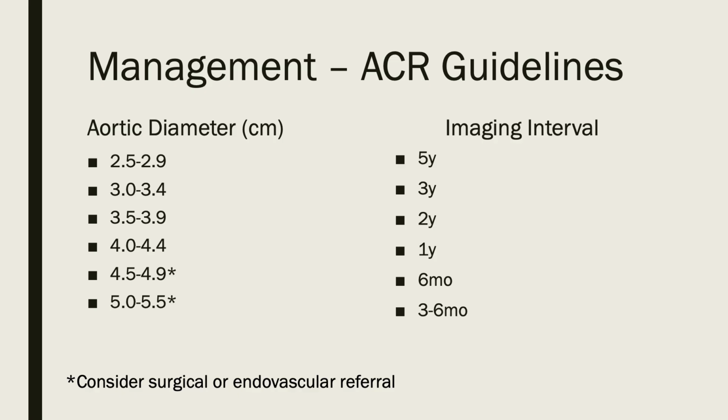Once we reach 4.5 centimeters, the imaging intervals really get close together, every 6 months or even every 3 months. However, if we're at that threshold, we should refer our patient to surgery or vascular to consider repair.